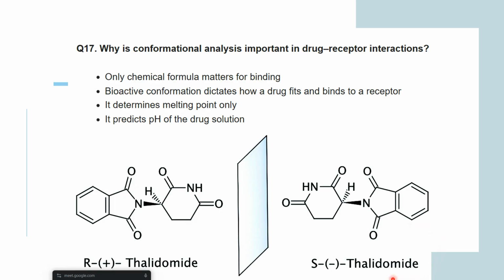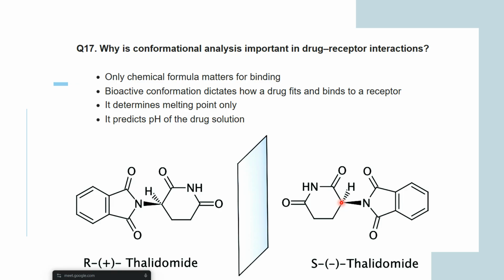Okay, so it is very interesting that one enantiomer of the drug is being used as a medicine, whereas the other enantiomer can cause birth defects in infants. Okay, and both these two molecules are differing at one single position.